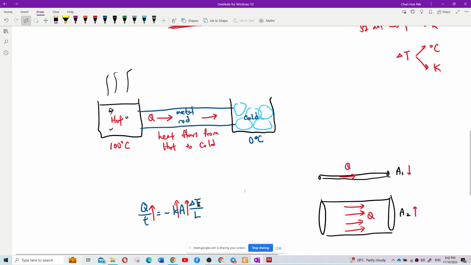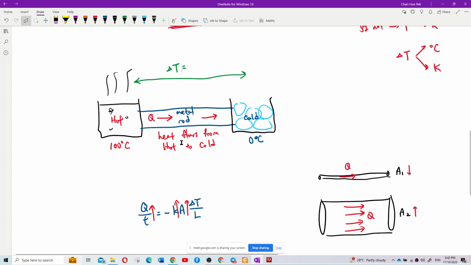How do we find delta T, class? Delta T is the change of temperature between these two ends. What is the change of temperature over here?